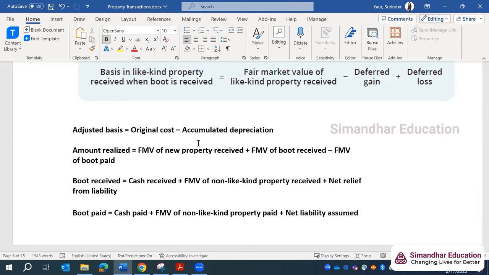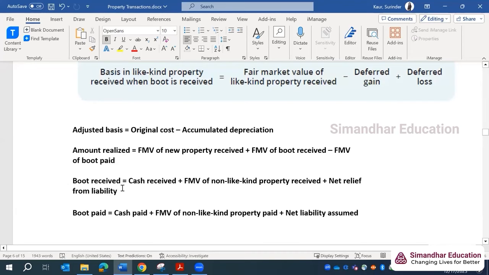So if you had a mortgage of $3,000 and that person is assuming $3,000 and giving you a property which has a mortgage of $1,000, what is the net liability that you've been relieved of? You gave a property which had a mortgage of 3,000. He gave you a property which had a mortgage of 1,000. So what is the net liability that is being relieved of in this transaction? It is $2,000. So that is your net liability assumed. So that is your boot. Okay.